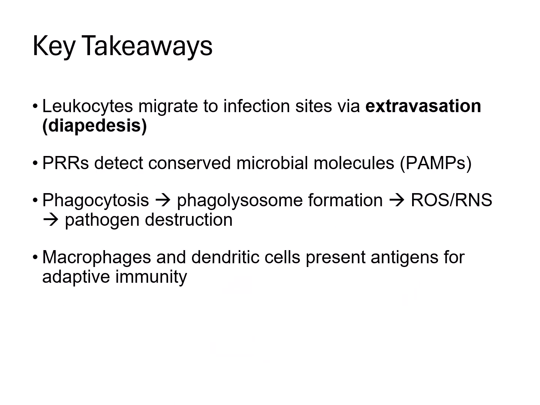So some key takeaways from this section, we saw that leukocytes or white blood cells reach infection sites through extravasation and diapedesis. The pattern recognition receptors found on phagocytes detected PAMPs, pathogen-associated molecular patterns, alerting the phagocytes that pathogens are present.